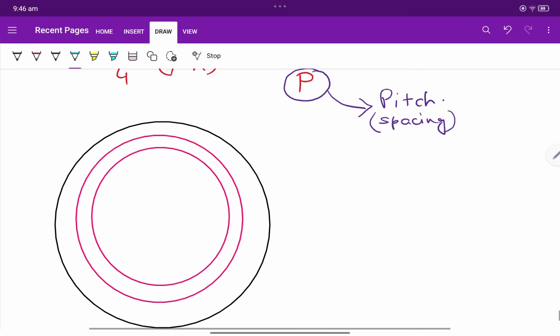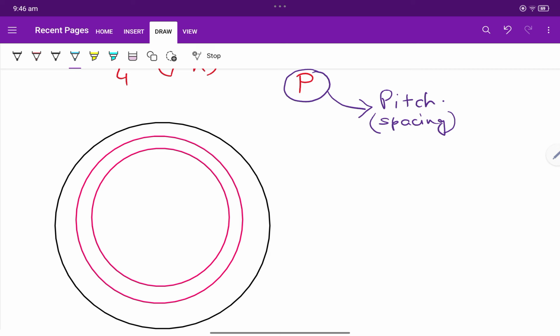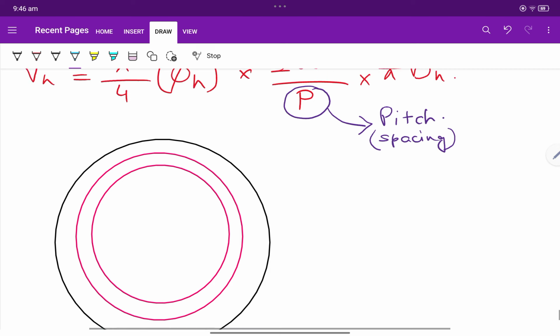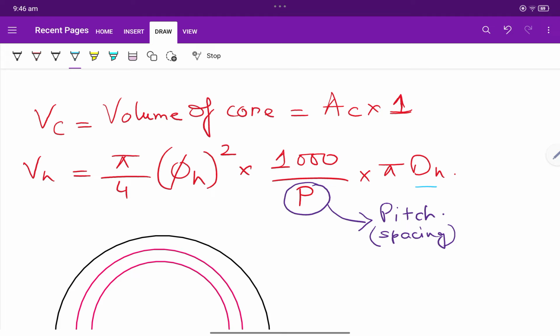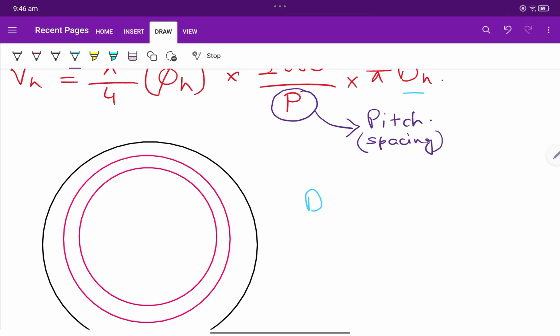So dia of the helix, so here you can see dh. So dh is the dia of the helical portion. This thing is the helix.